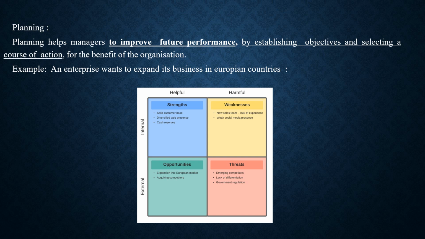In the opportunities: the expansion into European countries or markets, what things are required. Then acquiring the competitors, what things are required, what plan we have to make to sell the product properly. Then in the threats: the emerging competitors, lack of differentiation and the government regulations.